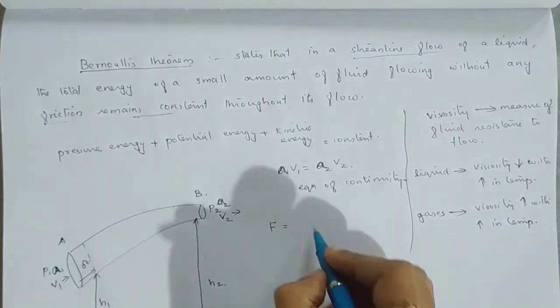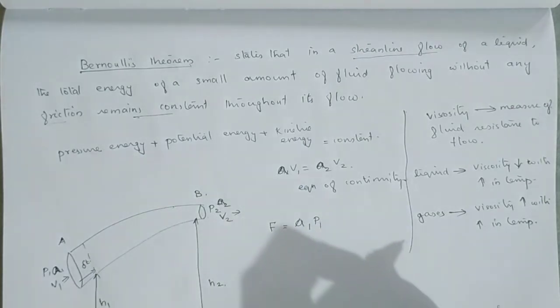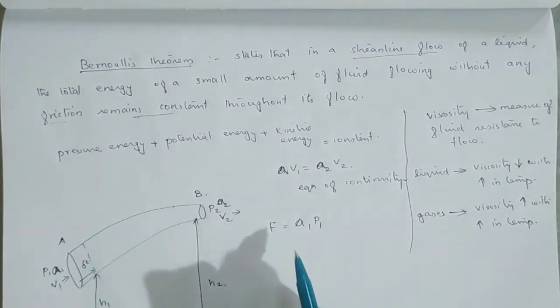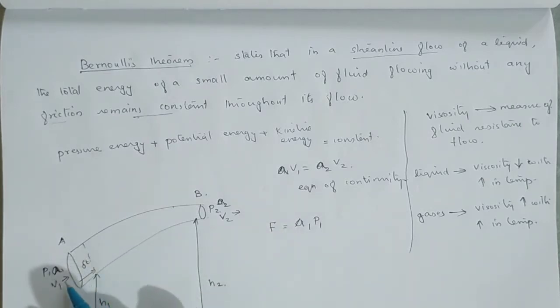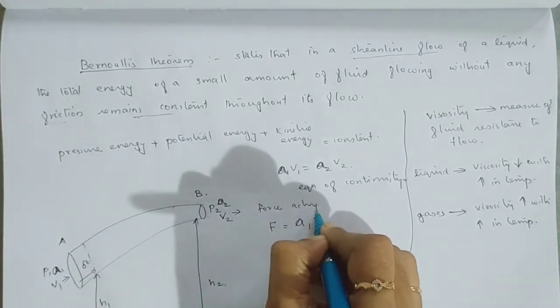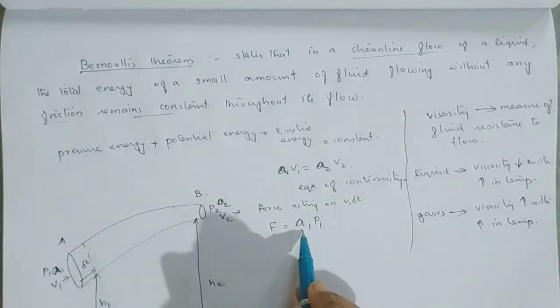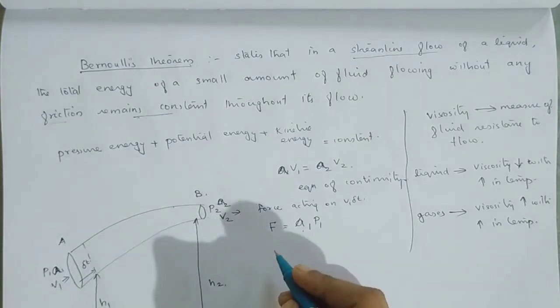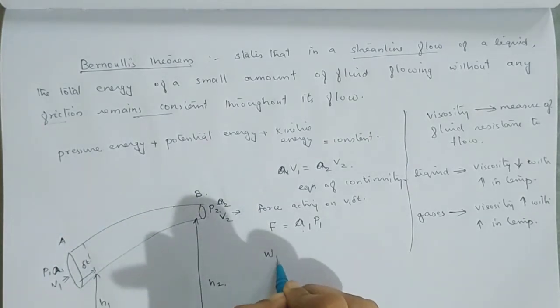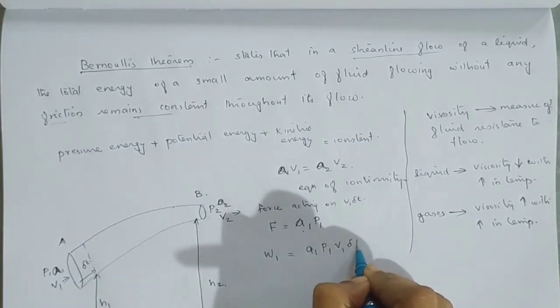The force is equal to A1 P1, where P1 is the pressure and A1 is the area of cross section. So the force acting on this element v1 delta t is A1 P1. So what about the work? W1 equals A1 P1 v1 delta t.